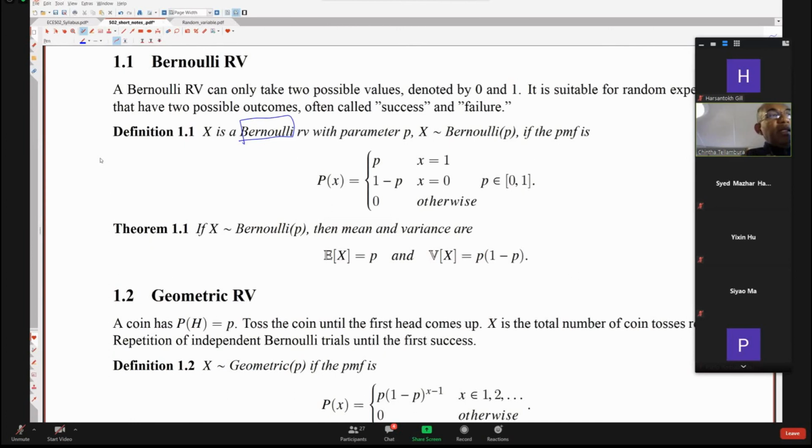Now in lots of books and in my notes, I will also use the notation Q, which is 1 minus P. This is the probability of failure. When we are thinking about Bernoulli random variables, we think about a very simple experiment.